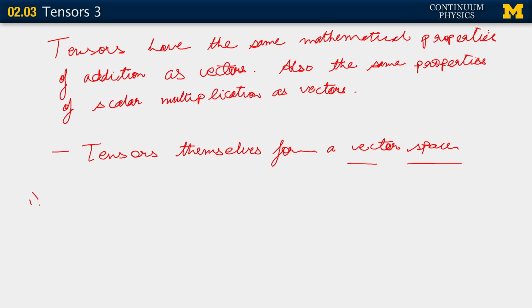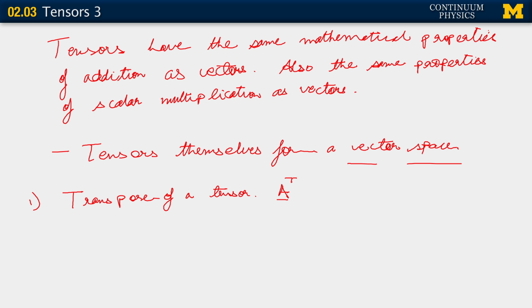The first property that we will consider is the transpose of a tensor. If we have a tensor A, we will denote its transpose by A transpose; in other sources this is sometimes written as A star or A prime.